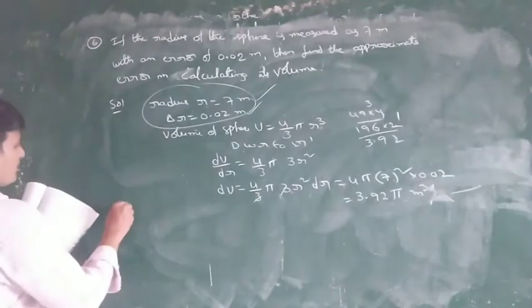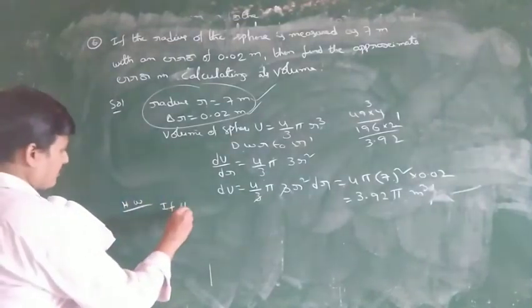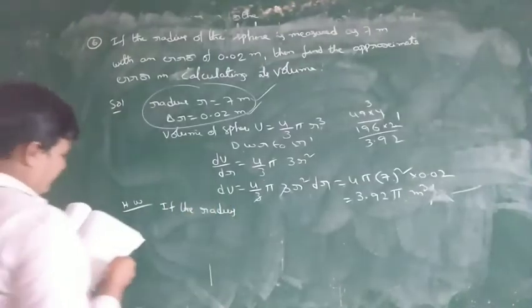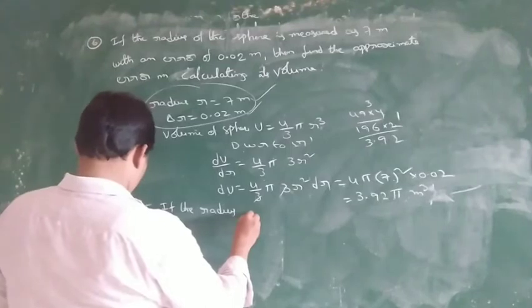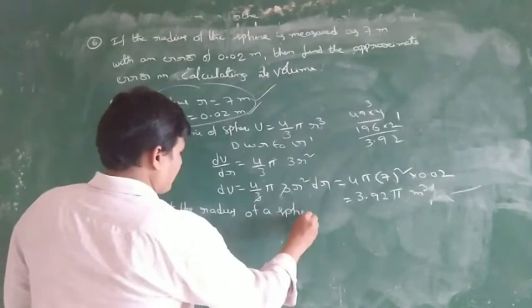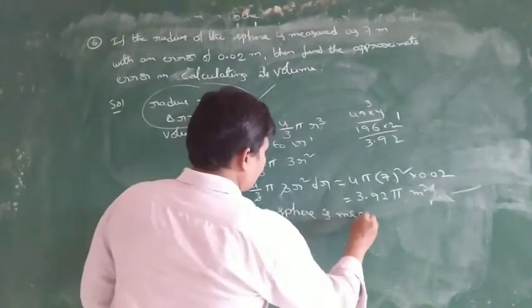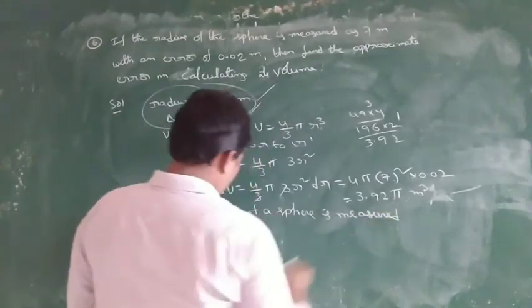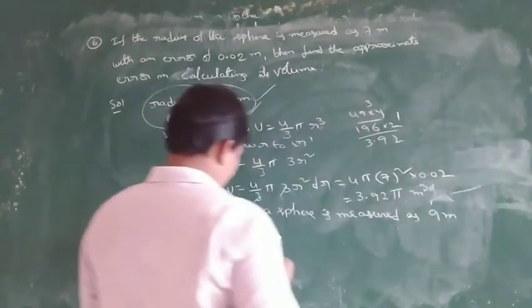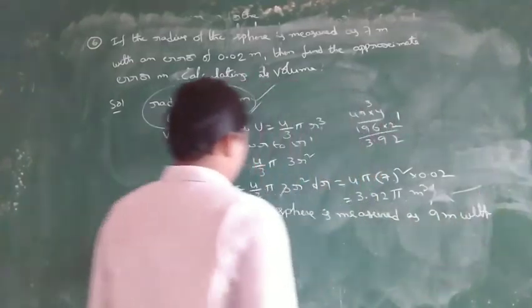One problem for homework, the same problem. If the radius of a sphere is measured as 9 meters with an error, which error?